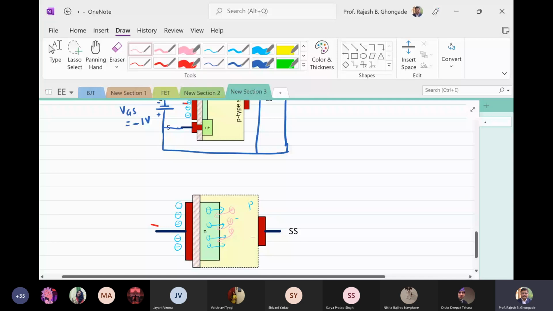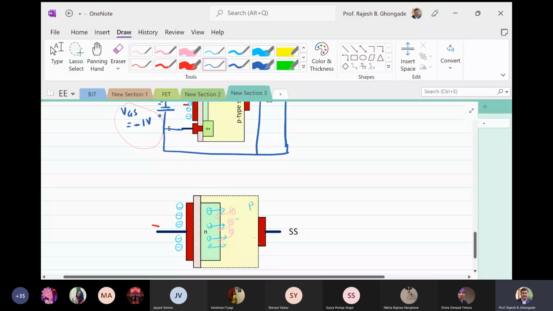Depending on the magnitude of the negative bias, which is the value of this VGS, a level of recombination between electrons and holes will occur. Look at what is happening here: this is an electron, this is a hole.